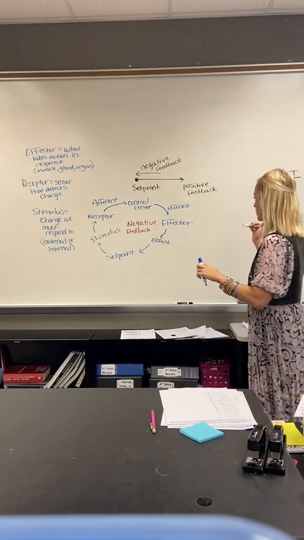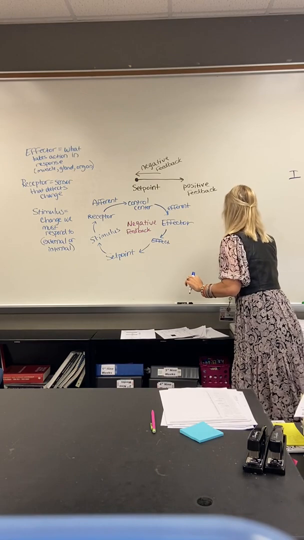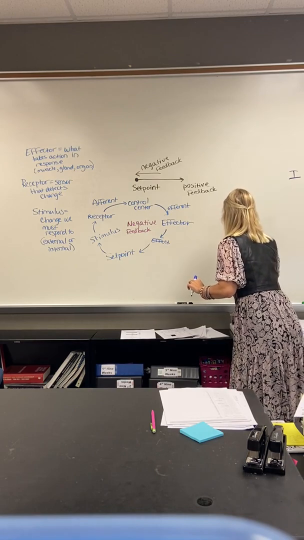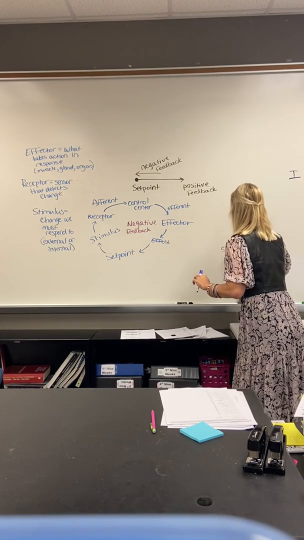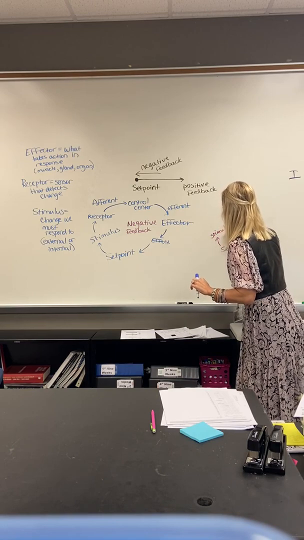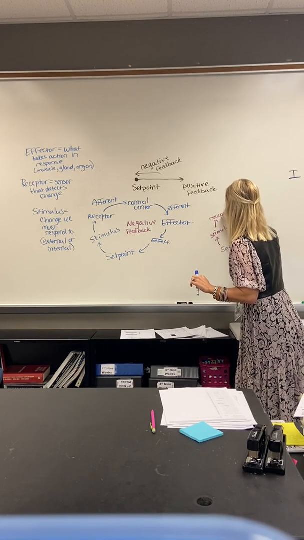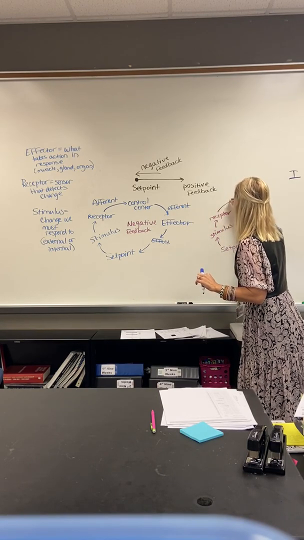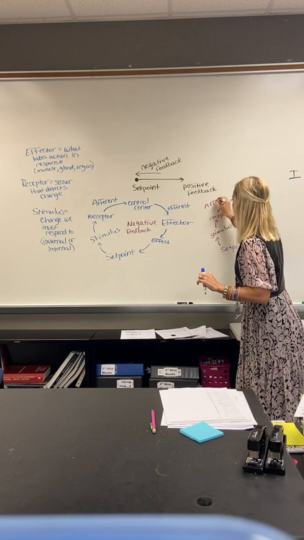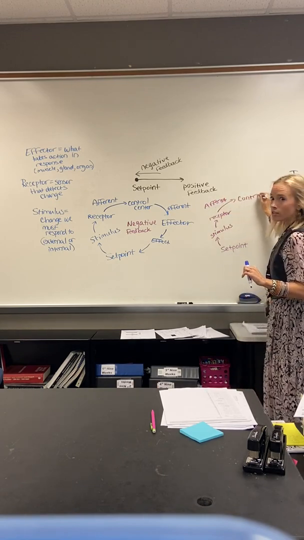Okay, now I'm going to do a positive feedback loop. I want you to see the difference, because there's not a lot of difference. It still starts with a set point. There's some sort of stimulus, a change that is sensed by a receptor that sends a signal afferently to the control center. Still looks the same, doesn't it?